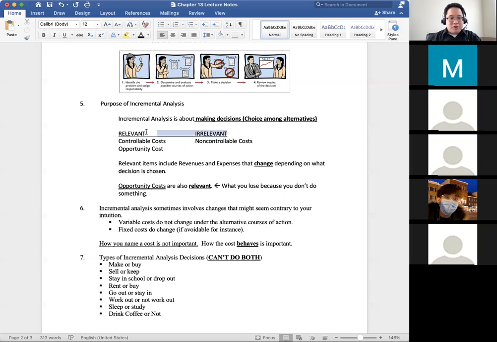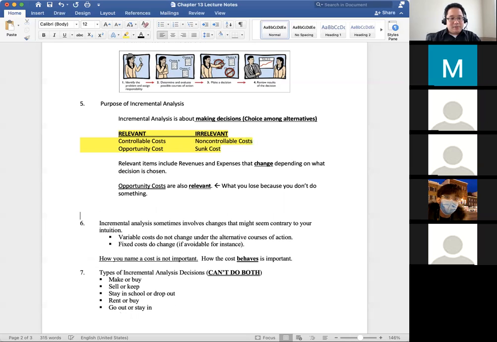So if you make an incremental analysis decision, opportunity cost is important, but what's irrelevant is a sunk cost. Okay? Sunk cost, that's irrelevant. Does anybody know what a sunk cost is? What is a sunk cost? I know it's an irrelevant cost.